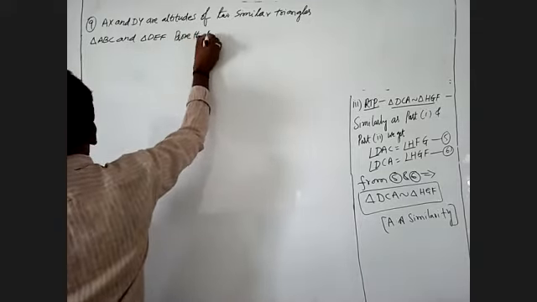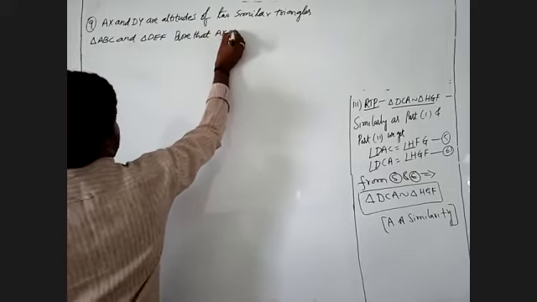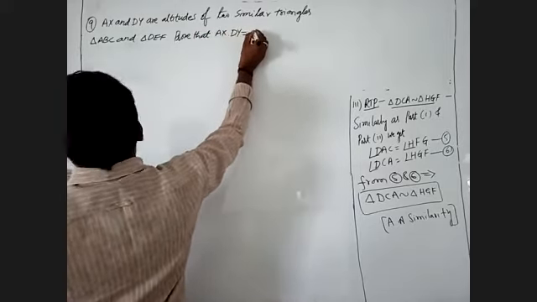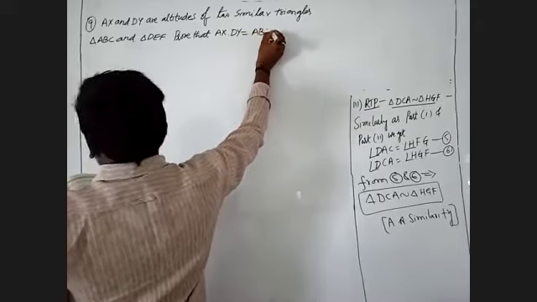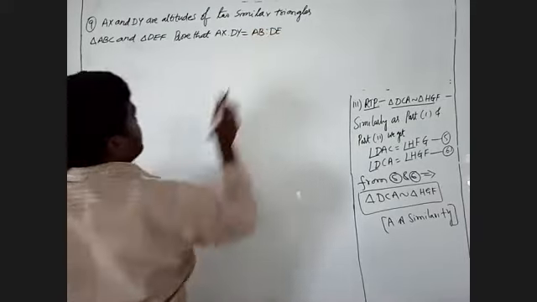Prove that AX is to DY is nothing but AB to DE.